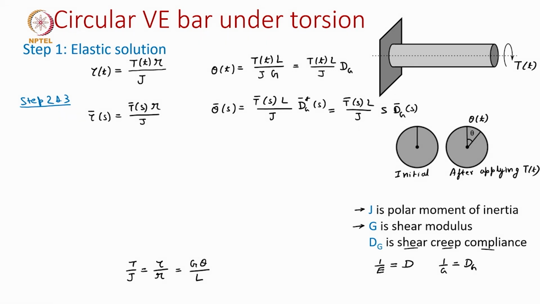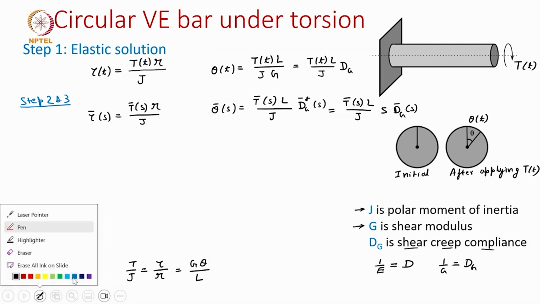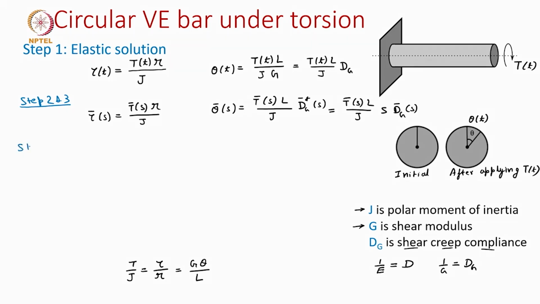Okay. Now, let us go to the last step, which is step 4, where we do the inverse Laplace transform. So, here the shear stress is given as Tr by J, which is exactly the same as the solution for the elastic problem. The reason again is because it does not have an elastic constant. But now if we look for the inverse Laplace transform for the angle theta, we notice that it is in the form of s times the product of two functions in the Laplace domain.